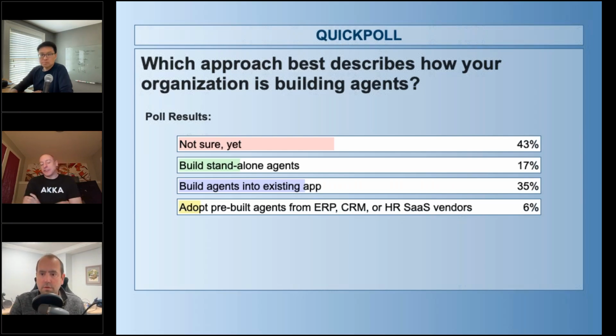That's actually a really high statistic. That's probably the area where we at Akka focus on the most. We have about 50 agentic customers now, and about a dozen of them are using AI in interesting ways. It might actually be more now.